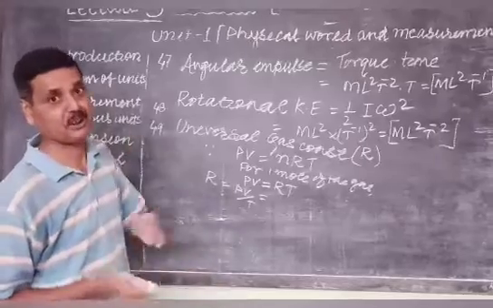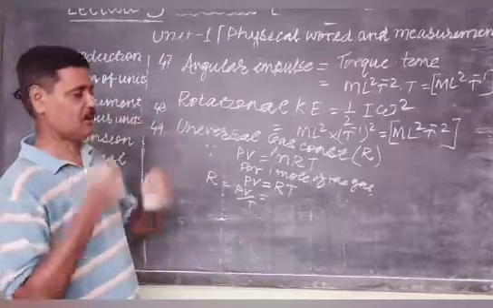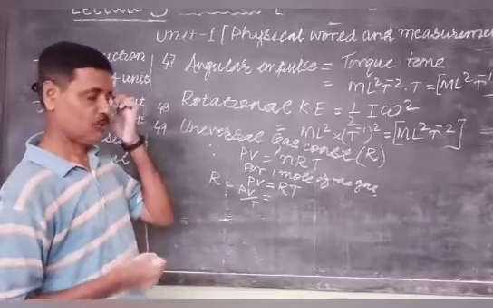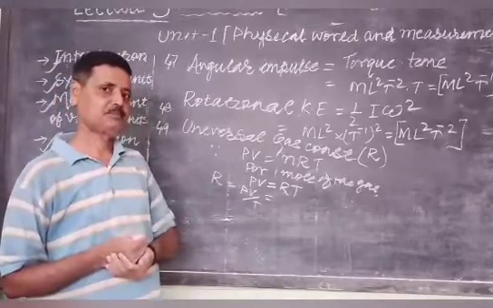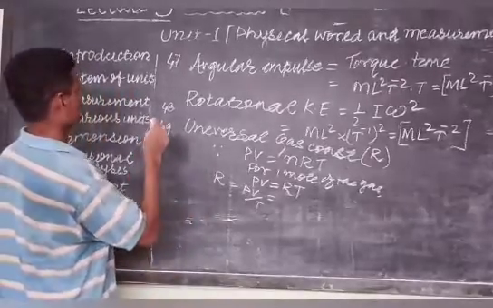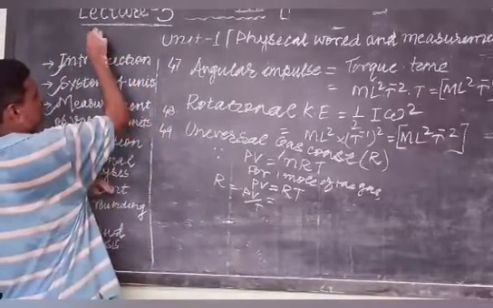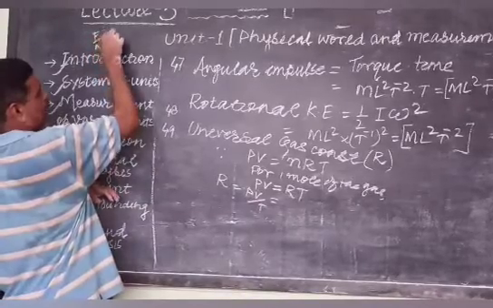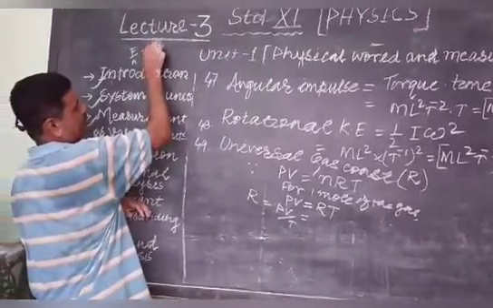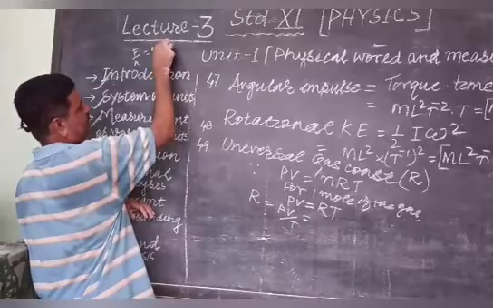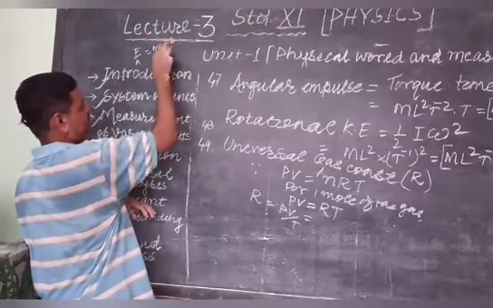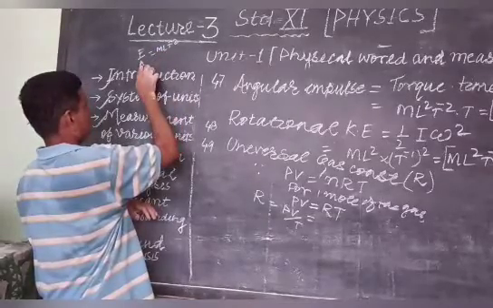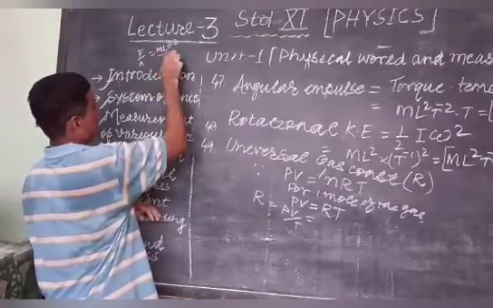P is the pressure of the gas, force by area. Force is m l T minus 2, and area is L square.